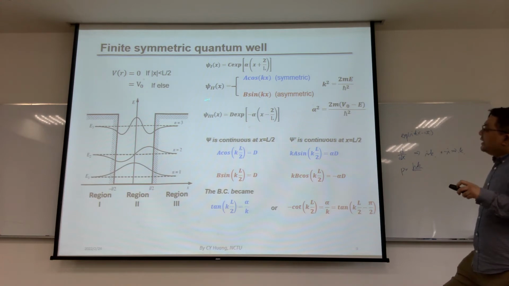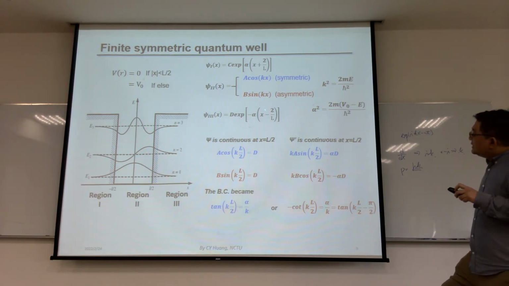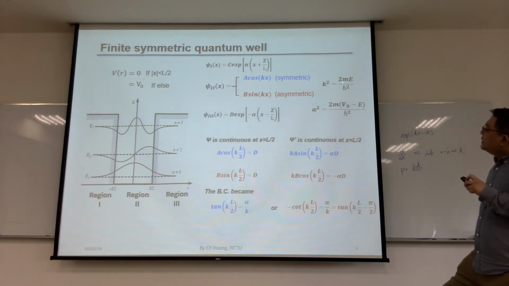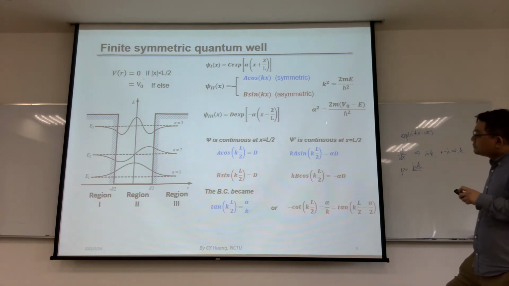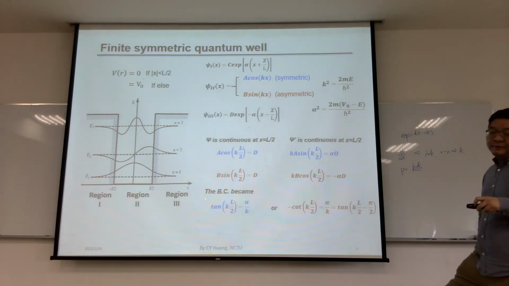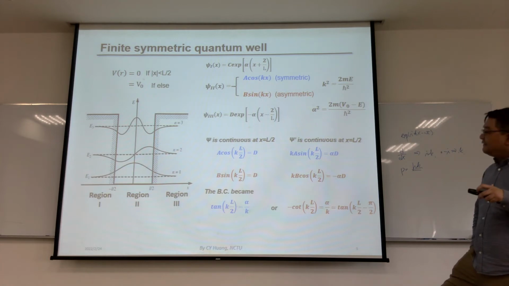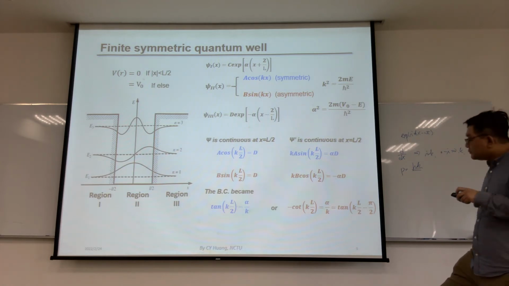So the answer is still A cosine kx or B sine kx. Similarly, k squared is 2mE divided by h bar squared. However, in regions 1 and 3, V is something called V0.